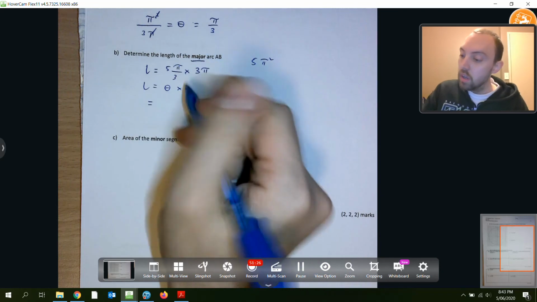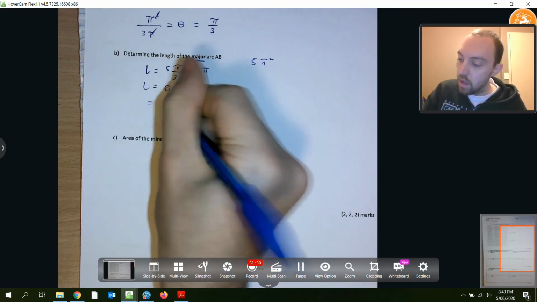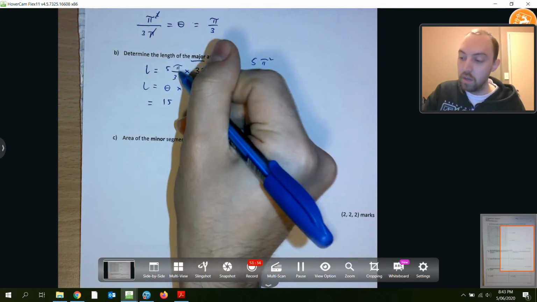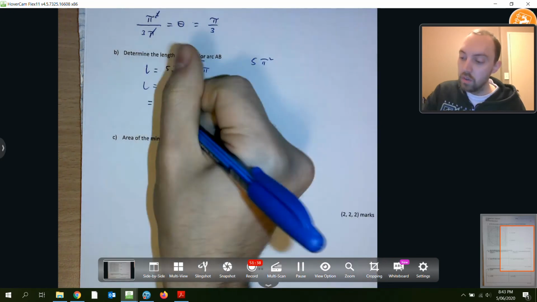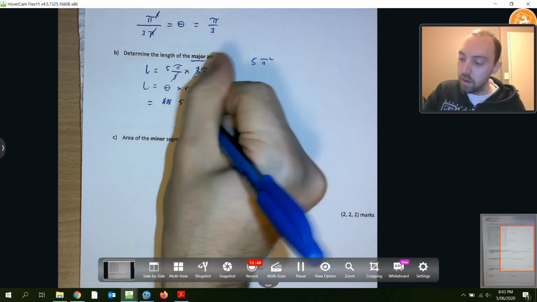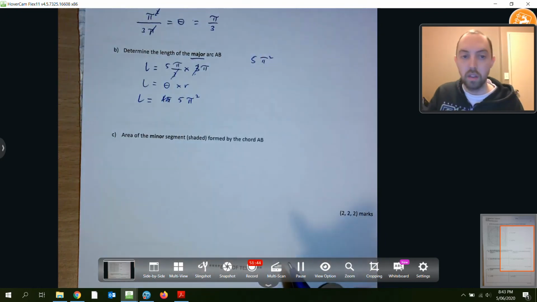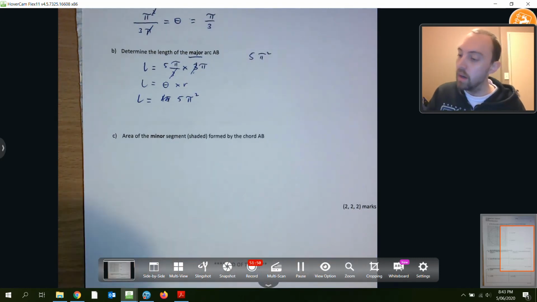So I have 15, the times by 3 and divide by 3 cancel each other out. So I would in fact get 5 pi squared is equal to my arc length of the major one, the bigger arc.